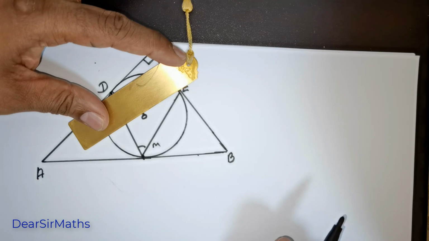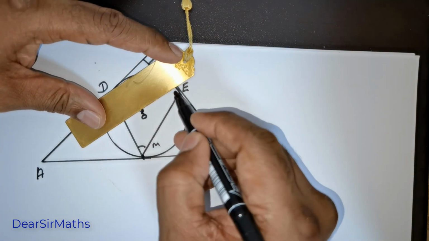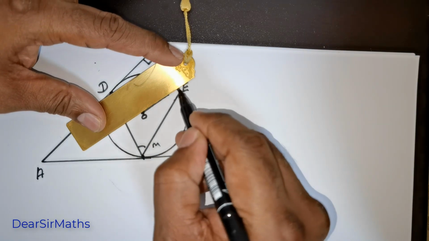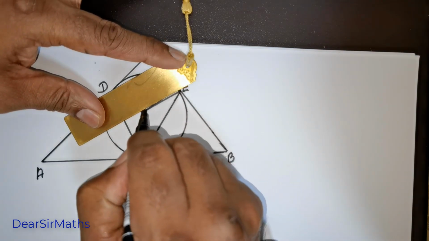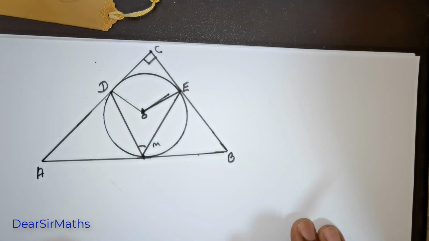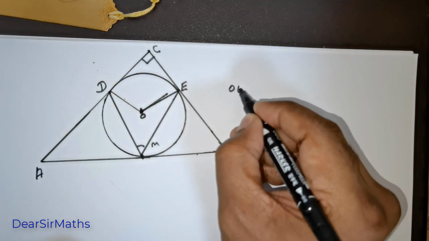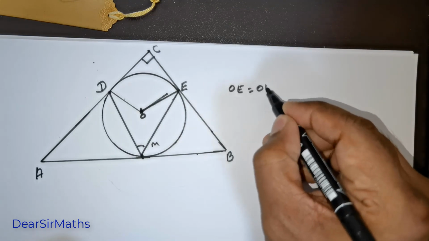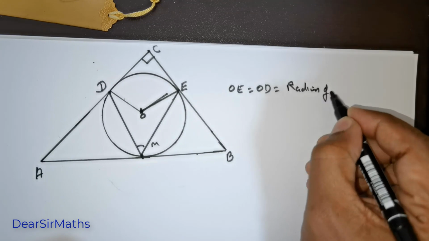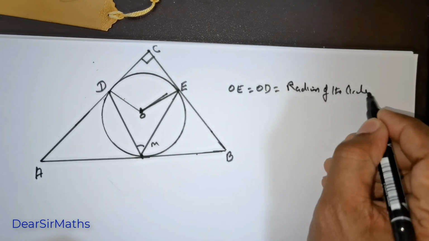Let me first draw the figure and then I'll explain to you. Now OE is equal to OD is equal to R. This is the radius of the circle.